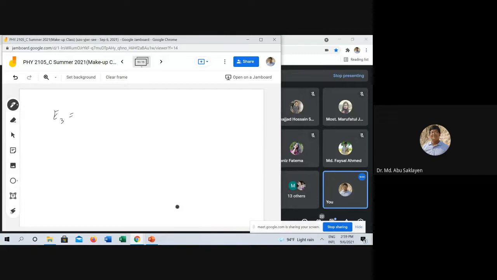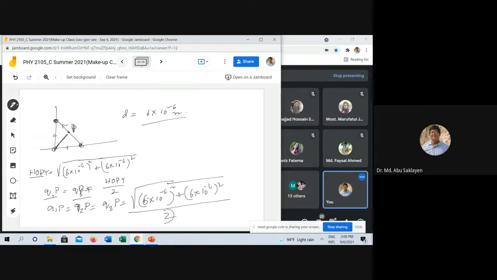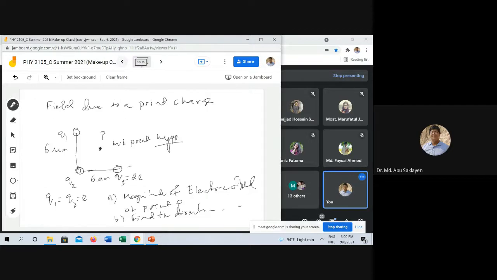And similarly E3. This is the same but double, because it is 2E.